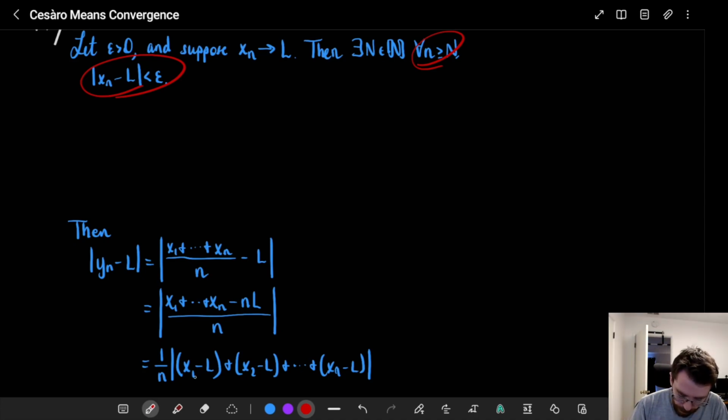So for example, it might not be true that the absolute value of x1 minus L is less than epsilon. It might not be true for x2. Somewhere hiding in here, though, is that index n that I'm talking about, where beyond that point, it works for terms past there, for this xn minus L, say.